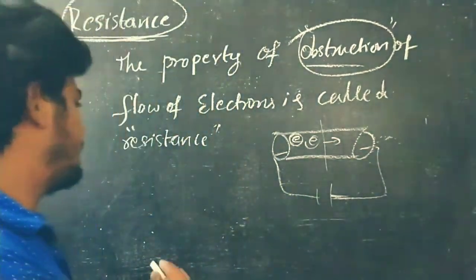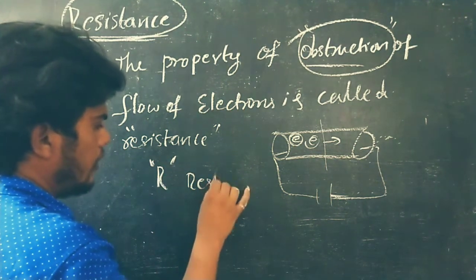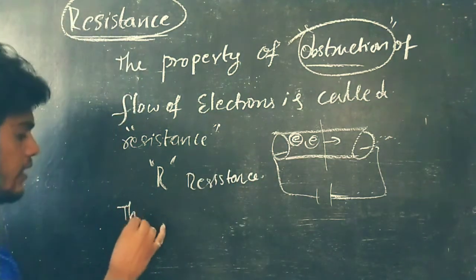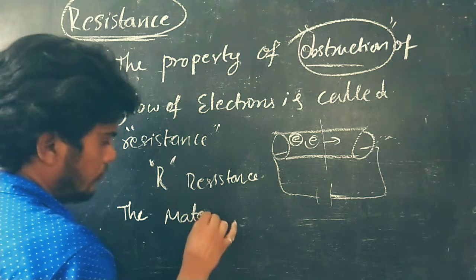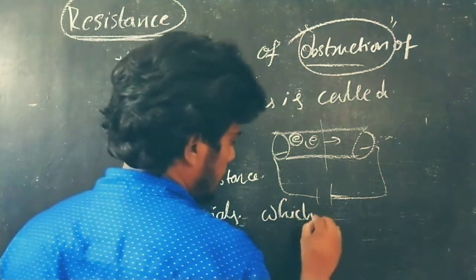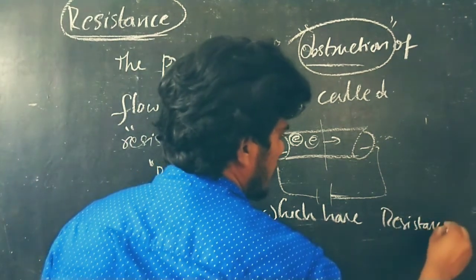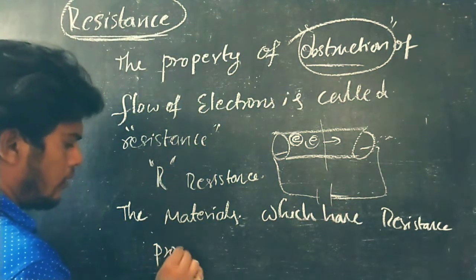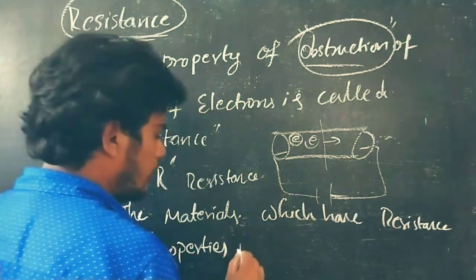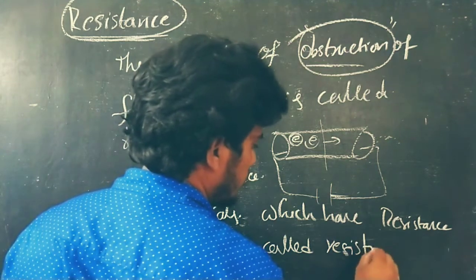It is denoted with the letter R. So R means resistance. Do you know one more thing? The materials which have resistance properties are called resistors.